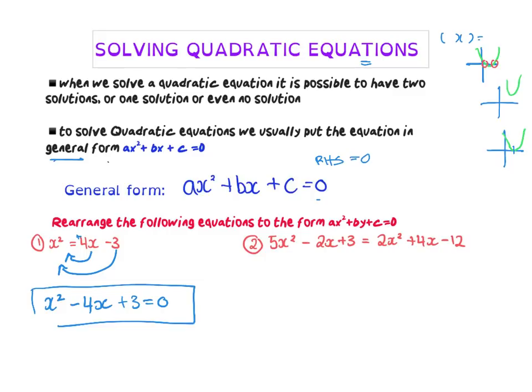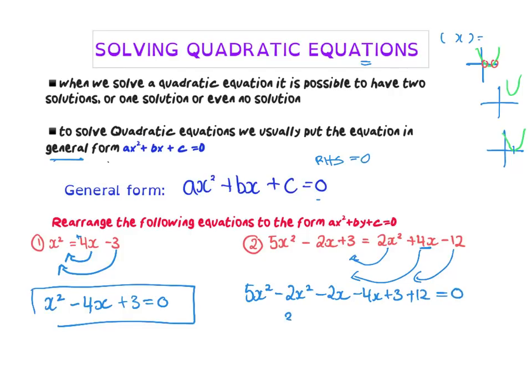So with this one, we're just going to rearrange. We'll move all these over and make sure they do opposite operations to let it equal 0. So if you group like terms, we'll put the 2x squared near the 5x, and then if I do minus 2x, now that 4x becomes minus 4x, then I had plus 3, I didn't move that, but the 12 becomes plus 12 equals 0.